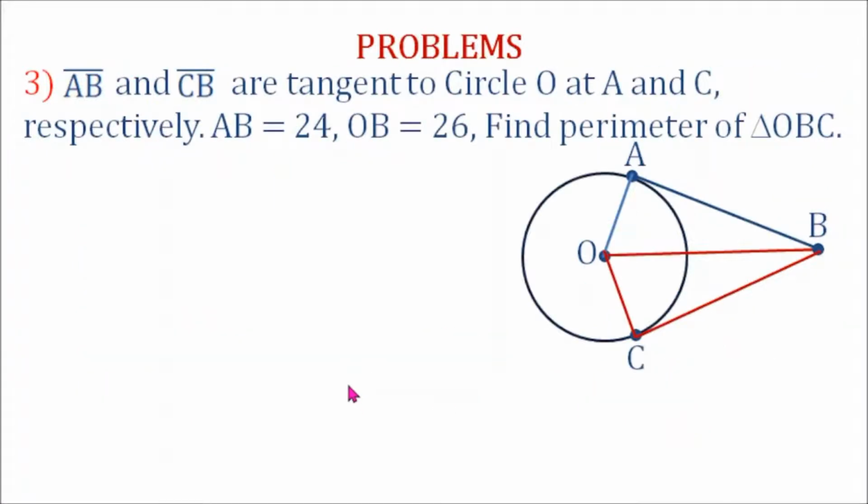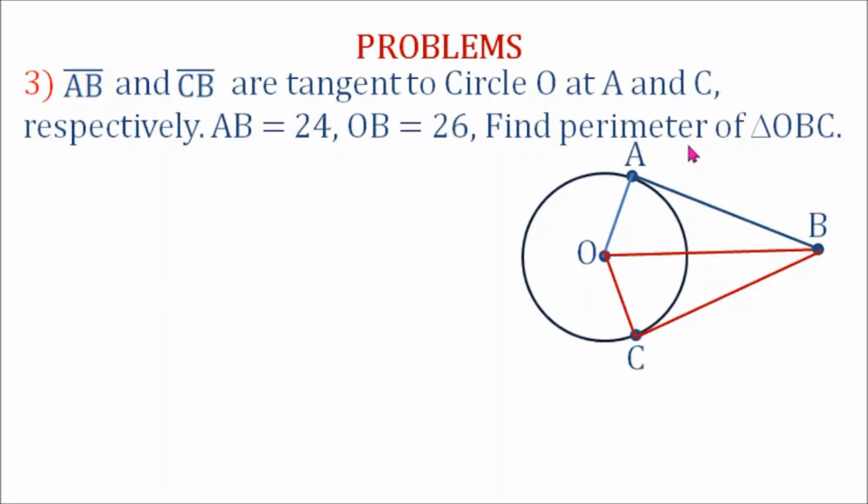Problem number 3. In our figure, line segment AB and line segment CD are tangent to circle O at points A and C respectively. AB equals 24 and OB equals 26.